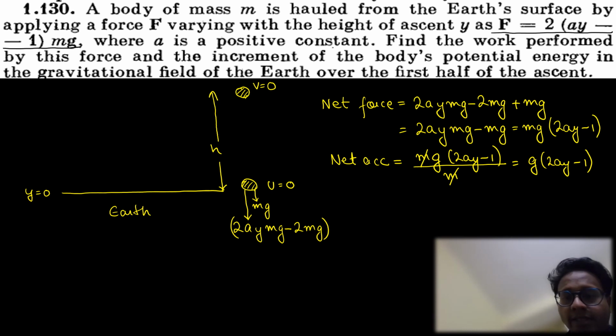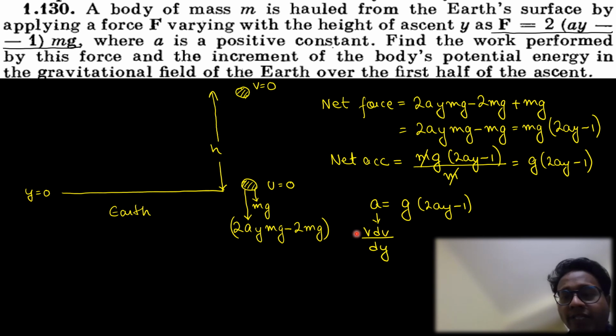Acceleration is equal to g(2ay minus 1). Acceleration can be written as v dv by dy, since this particle is moving in the y direction. The acceleration depends upon y, so acceleration is given as a function of y.